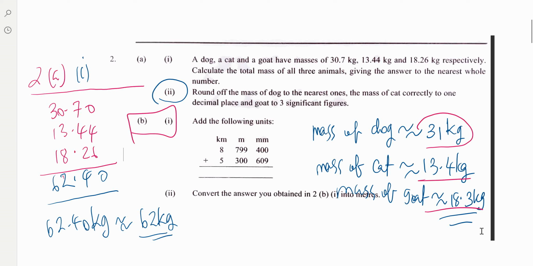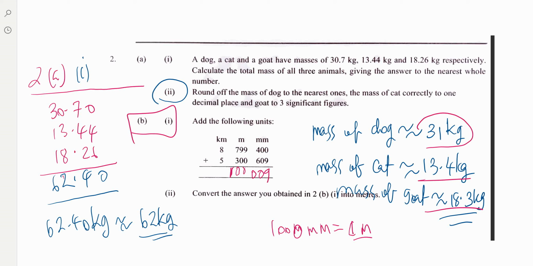With question number 2B, we will be adding millimeters, kilometers, and meters. So 0, 6, 9, you're going to get 9. Then 4 plus 6 is 10, you put 0, you carry 1, because 1000 millimeters is equal to 1 meter. Carrying 1, now we have 10, then you have 7 plus 3, it is 10, 11, so you carry 1.